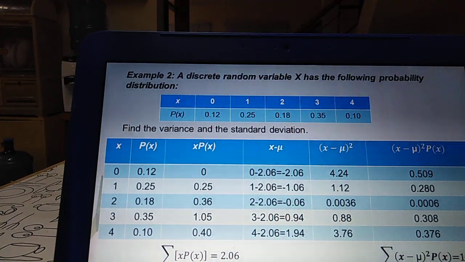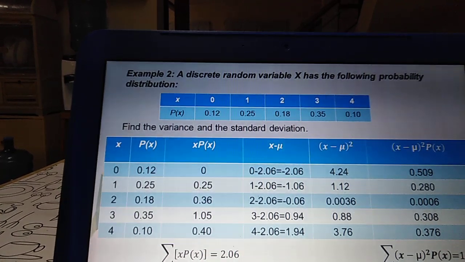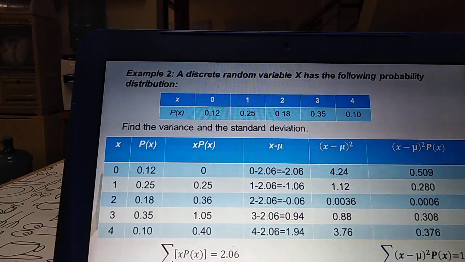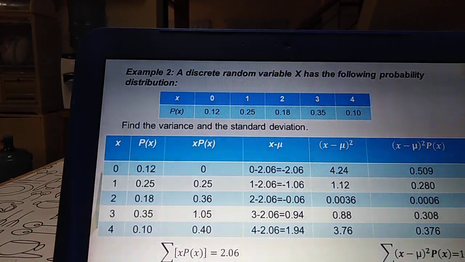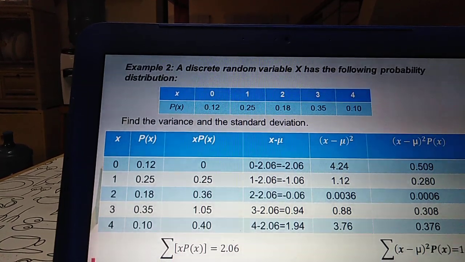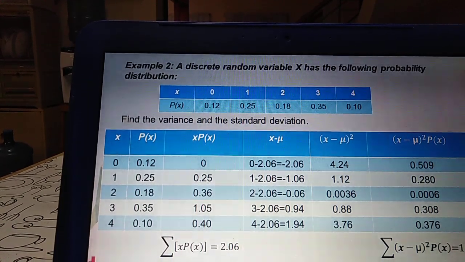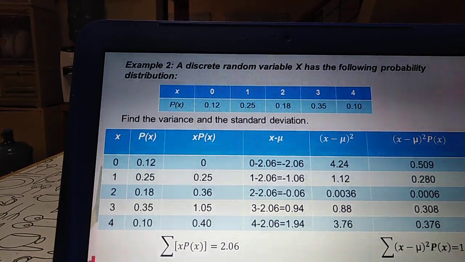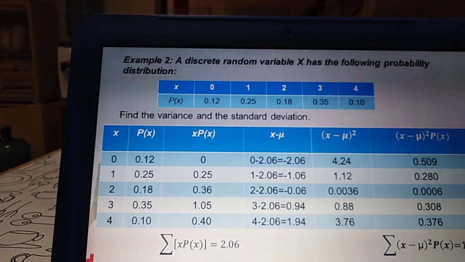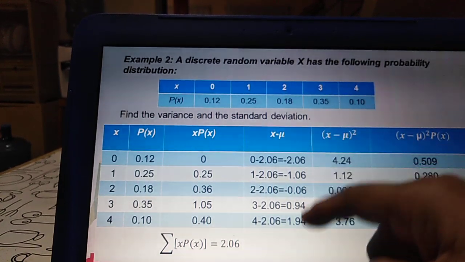So 0 minus 2.06 is equal to negative 2.06. 1 minus 2.06 is negative 1.06. 2 minus 2.06 is negative 0.06. 3 minus 2.06 is 0.94. And 4 minus 2.06 is 1.94. Okay with this?